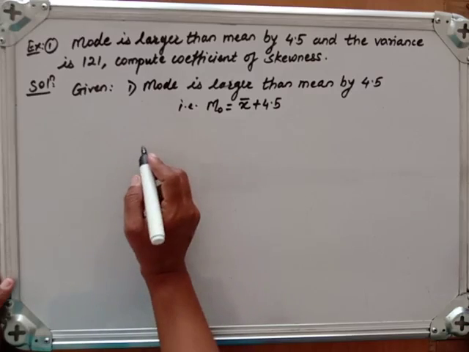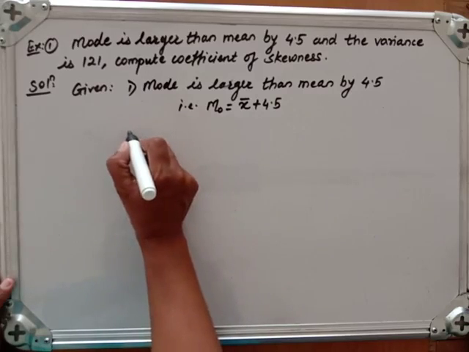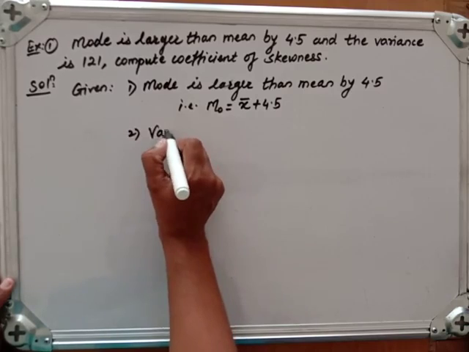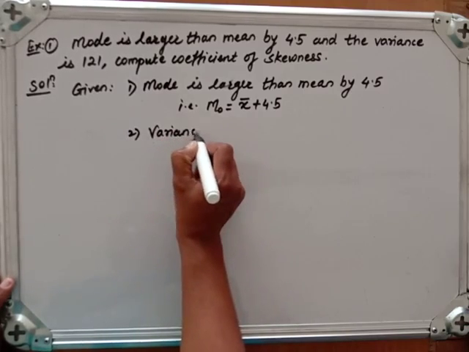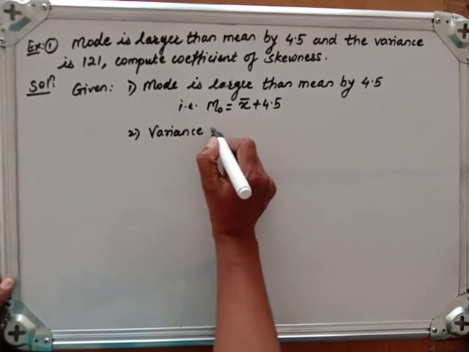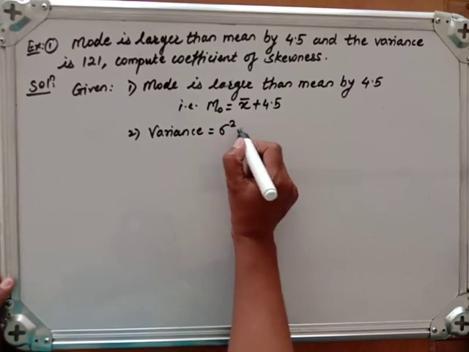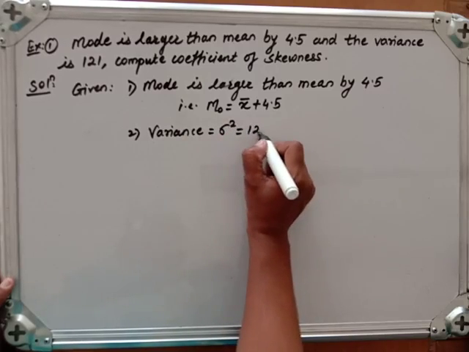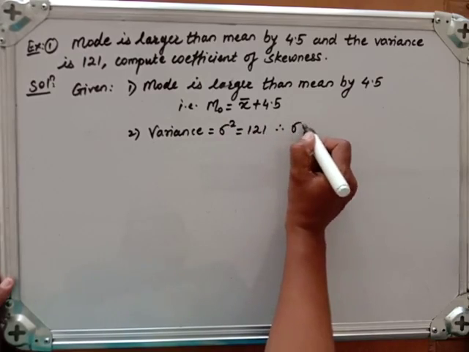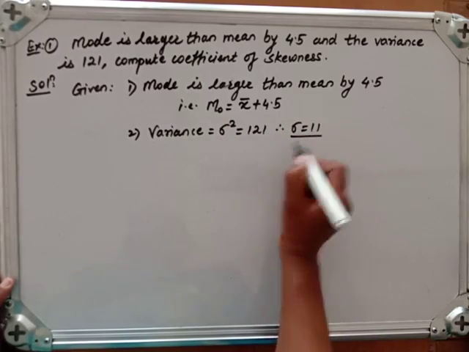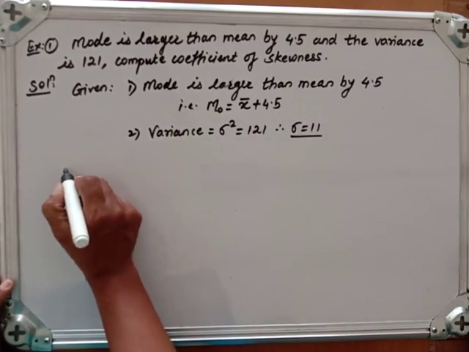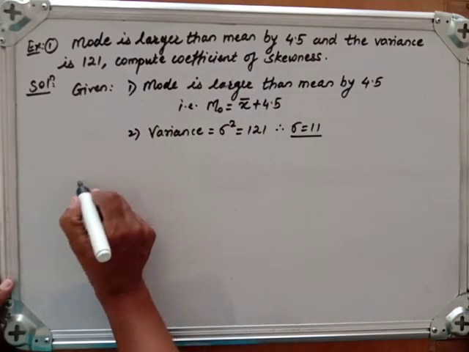Now the second thing given to us is the variance. Variance is nothing but the square of the standard deviation. It is 121, therefore sigma is 11. Now we have to determine the coefficient of skewness.